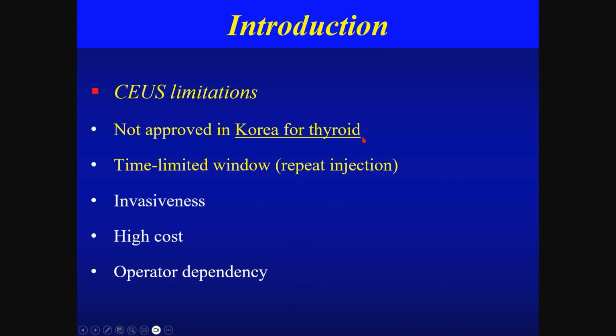However, there are some limitations. CEUS is not approved in Korea for thyroid so far, and during RF ablation we continuously monitor the multifocal veins, but repeat injection of CEUS is not available.